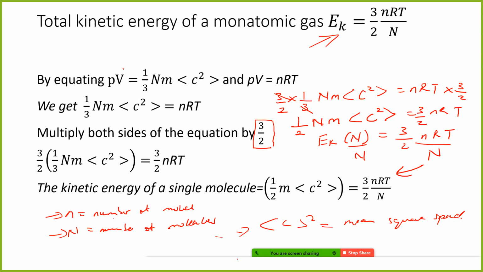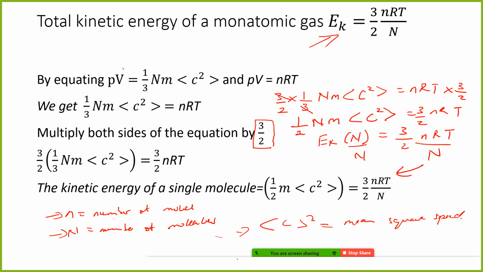From a mathematics standpoint, the best thing to do is to multiply both sides by 2 divided by 3. Once you do that, you'll see the 3's cancel out, leaving you with a half times n times m times the mean square speed being equal to 2/3 times n times RT.